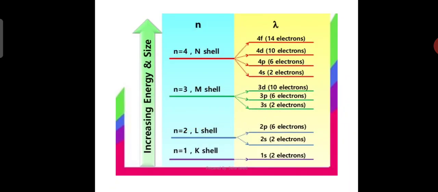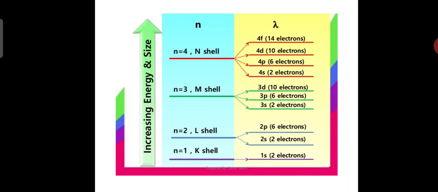Increasing energy and size. As you go deeper, the energy of the electrons increases as they move away from the nucleus, and of course the size of the orbital, not the electron, also increases as you go away from the nucleus.